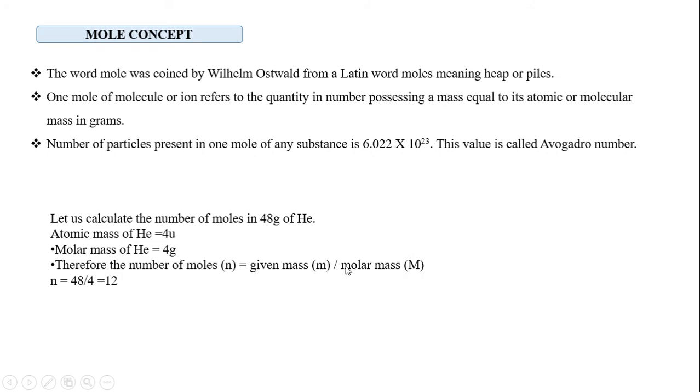It is the same as the molecular mass, only the unit changes from u to gram. You sum up all the atomic masses present in the molecule and change the unit from u to gram. What is the given mass? 48. For helium, the molar mass is 4. So the number of moles is n equal to 12.